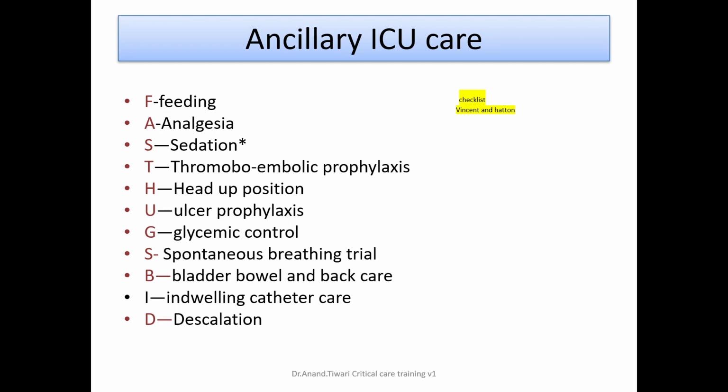The patient is on a ventilator, so your ventilator bundles, propped up position, ancillary care, feeding of the patient. The patient is bedridden, so thromboembolic prophylaxis, ulcer prophylaxis, glucose monitoring, and bladder, bowel, and back care have to be taken care of. Selection of antibiotic depends on your local flora.